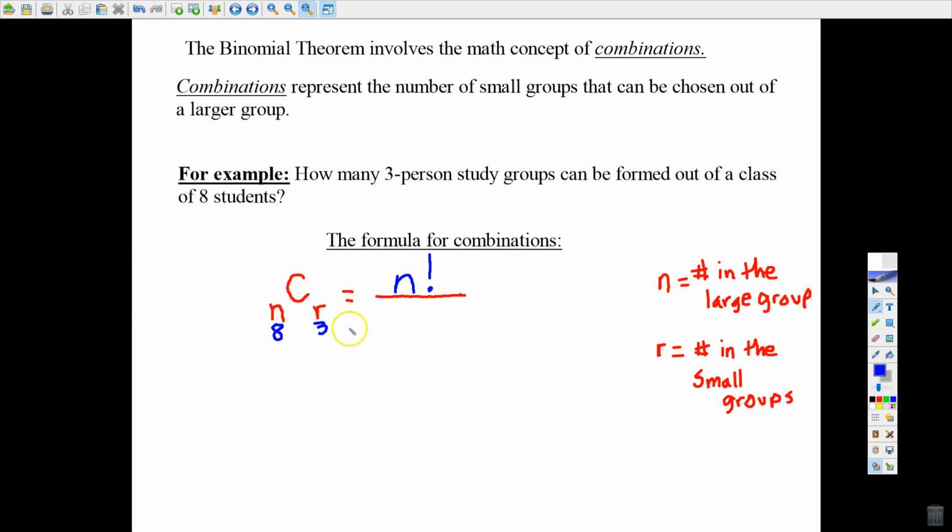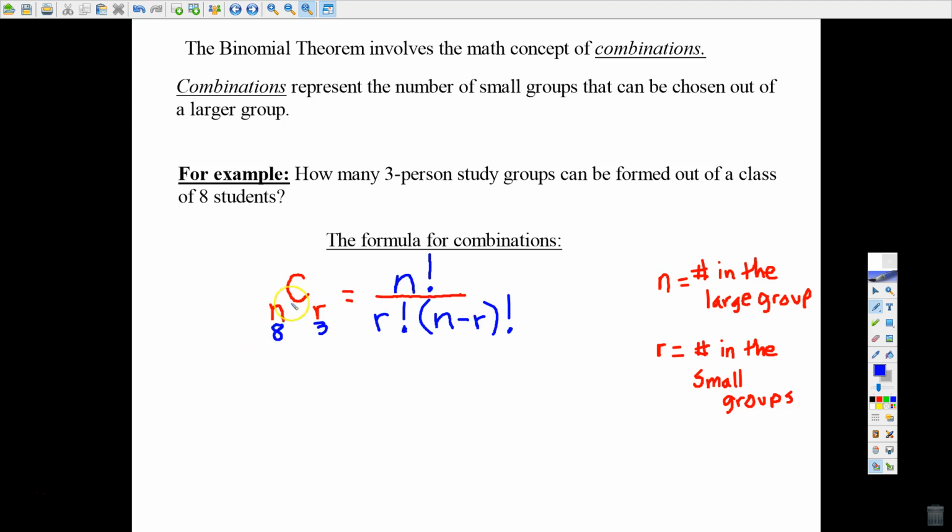The denominator is going to be r factorial multiplied times n minus r factorial. If you've never seen that exclamation point in a math context and you've never heard of the word factorial, now's a great day to get some understanding because this is going to come up again in future math classes.